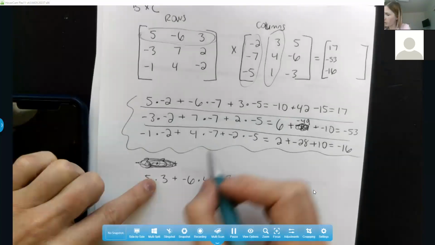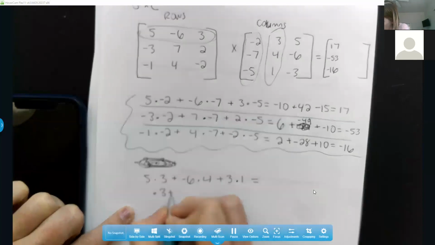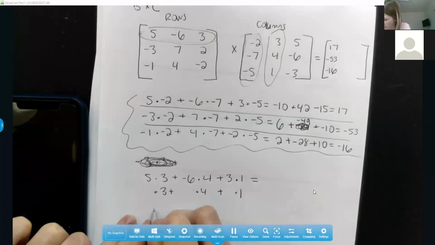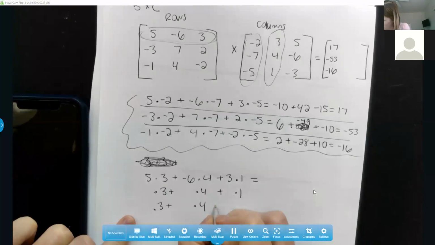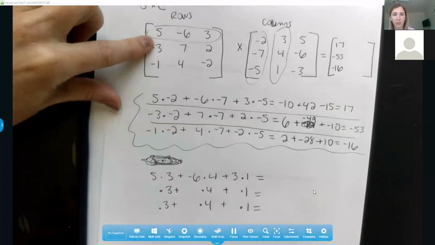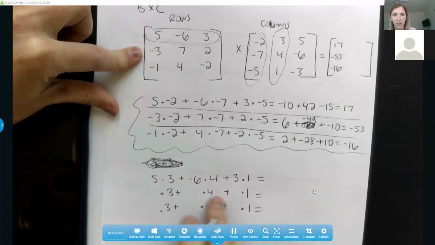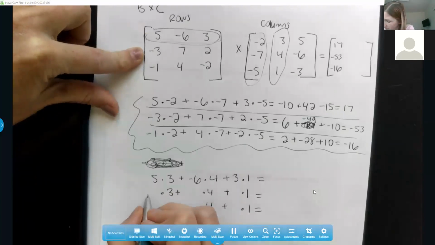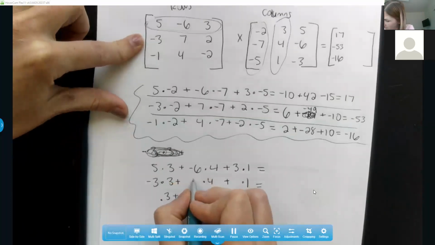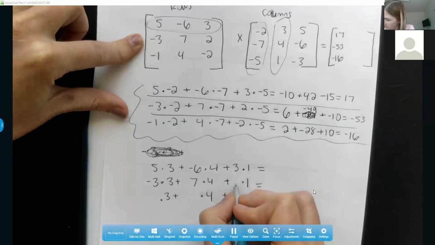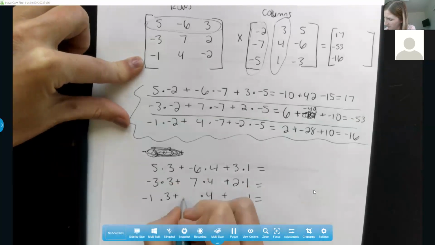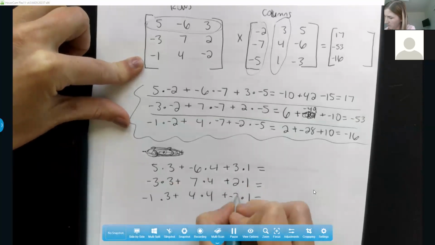And so you can go ahead and fill in these column numbers, the times 3, the times 4, and the times 1, because those won't change. And then we'll just drop in each row. So we've already done the first row. So what am I dropping in here? Oh, -3. Yep. And then 7. Yep. And 2. Yep. And then on the last one? -1. Yep. 4. Yep. And -2. Perfect.